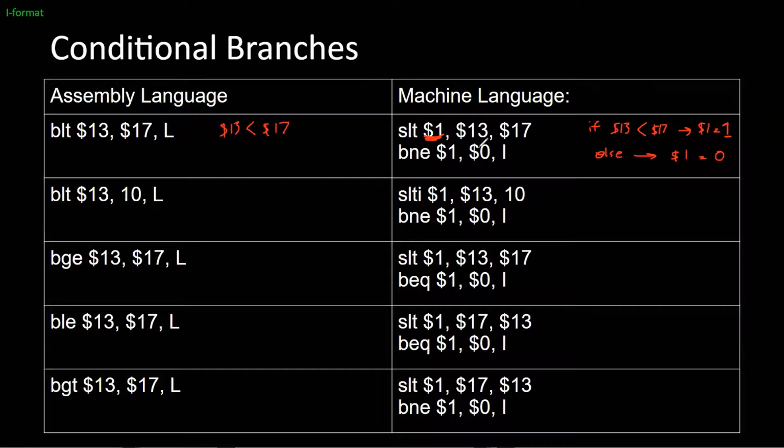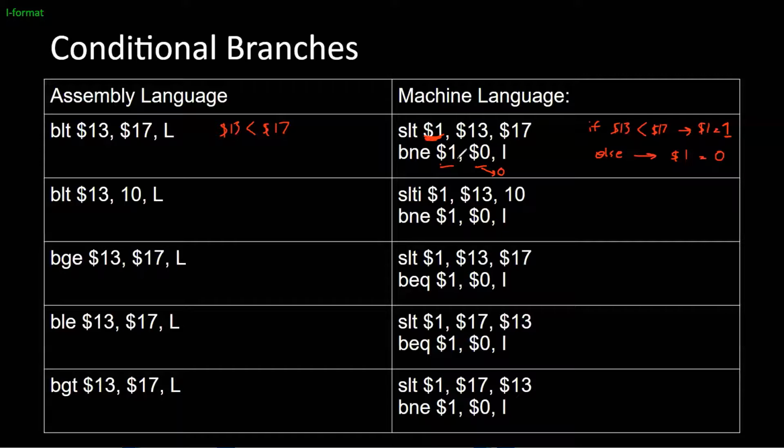And then we are using a not equal. So branch not equal: if register 1 is not equal to 0, and this register 0 is hard coded to 0, then we'll jump. So let's look at that. When are these two not equal?